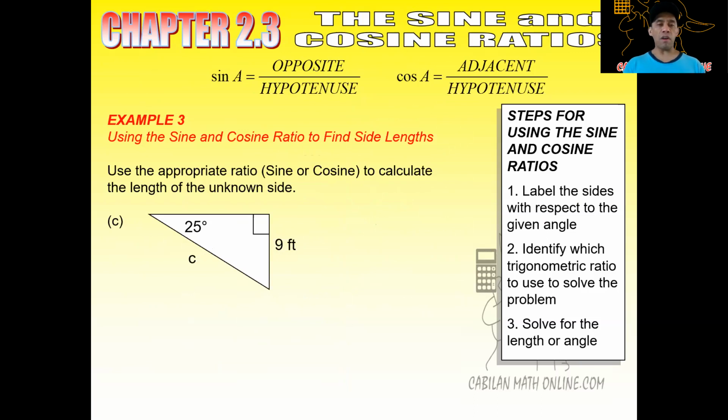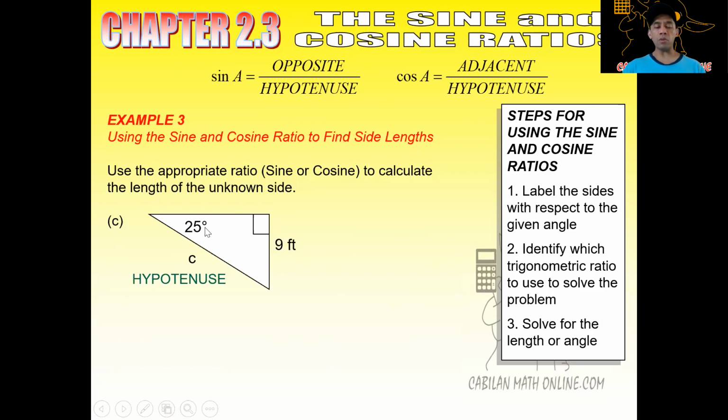Notice we have 25 degrees, we have C, and we have 9 feet here. So again, we have the angle of 25 degrees to keep in mind. When we're labeling the sides, remember that you should label the hypotenuse first. So you can see that the side directly across from the box is the letter C itself. Now, when you're looking at the location for the 9, you first have to take a look at the angle, which is 25 degrees.